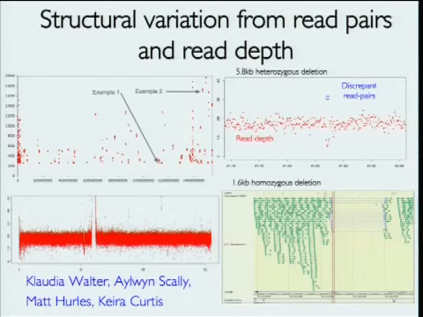All these little green bars are happy read pairs where the reads are 150 bases apart. And here are a lot of cases where the reads map, I don't know, a couple of kilobases apart, and that's because that couple of kilobases is missing from the sample.